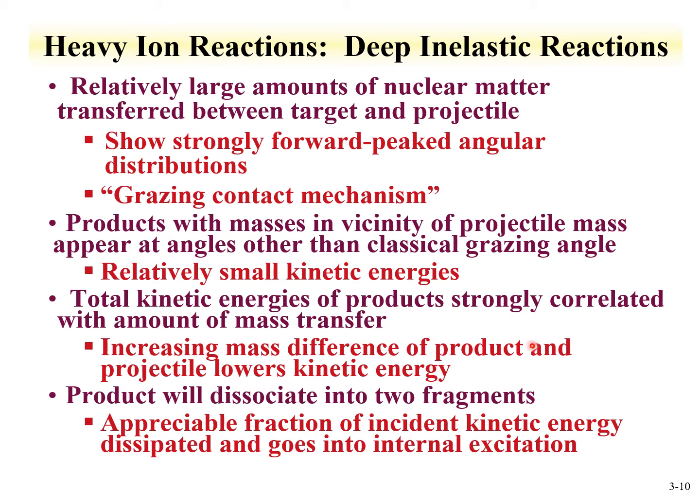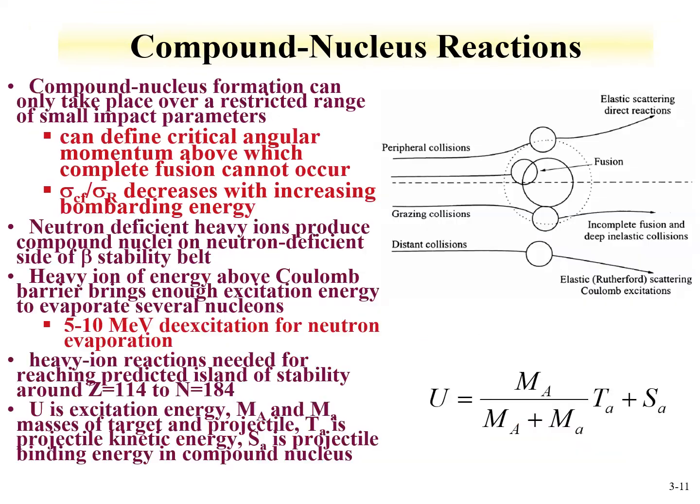This way, the nuclei that are involved in the reaction from the projectile to the target can be assessed by evaluating the kinetic energy of the products. Now, the complete interaction of the nuclei, the target and projectile, is called the compound nucleus reaction.